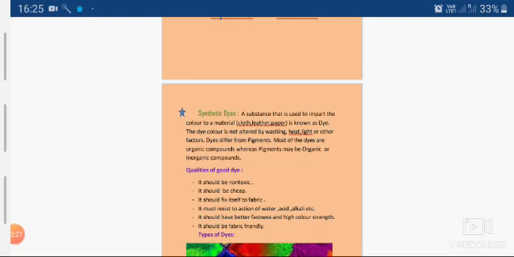So, a dye is a substance that imparts color to the cloth.